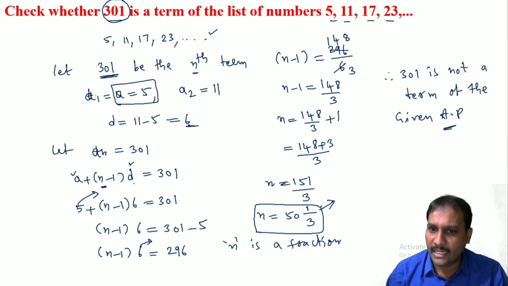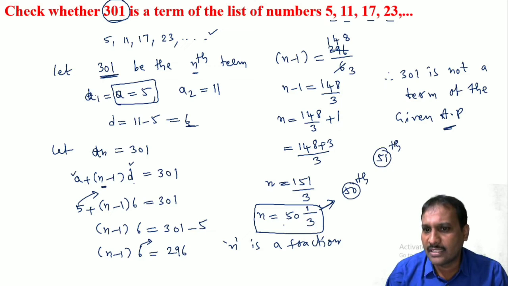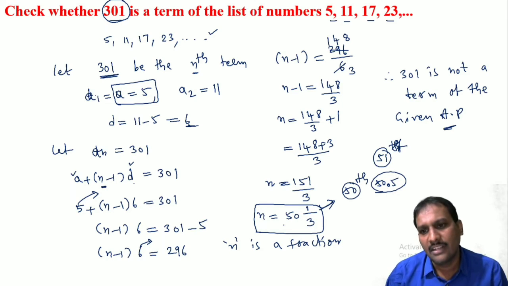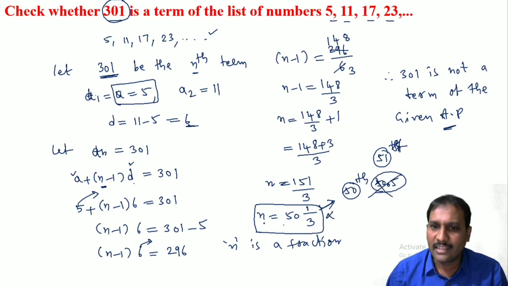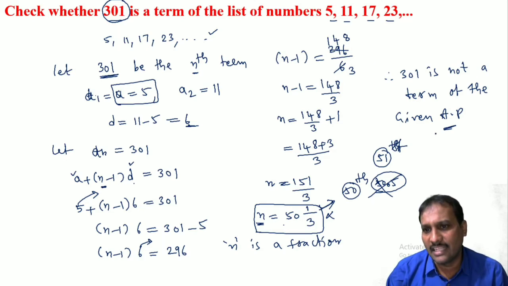It should be an integer. Suppose if it is 50, then you can say that it is the 50th term. If it is 51, you can say that it is the 51st term. But if it is 50.5, can you say there is a 50.5th term? No. That's why n should be a positive integer. As this is not a positive integer, 301 is not a term in this list.